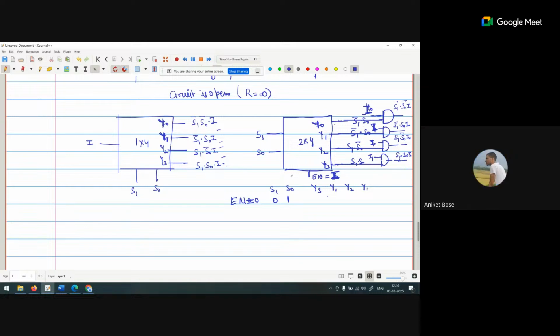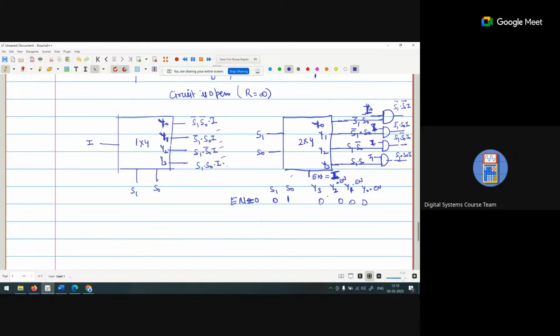Yes, sir. If the enable pin is 0, every output is 0. Why? Because it is Y1 dot enable. So if we say 0 1, this is Y0, Y1, Y2. Every output will be ANDed with the enable.